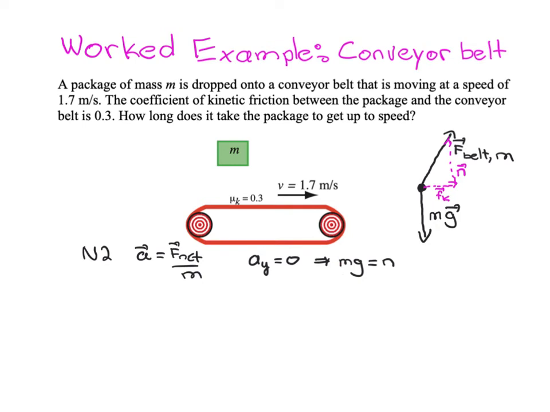And to calculate the acceleration in the x direction, well, there's only one thing that has a component in the x direction, and that's this force Fk, with magnitude Fk. So I'm going to leave out the vector sign. We don't really need it for one-dimensional motion. So it's Fk divided by m.